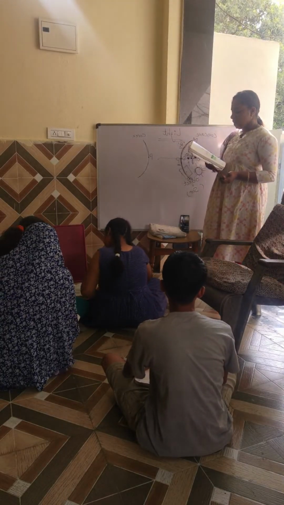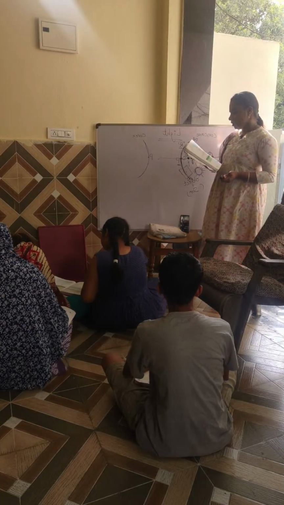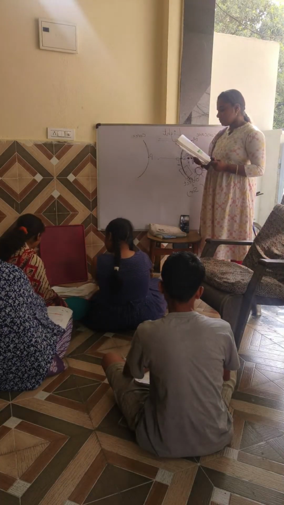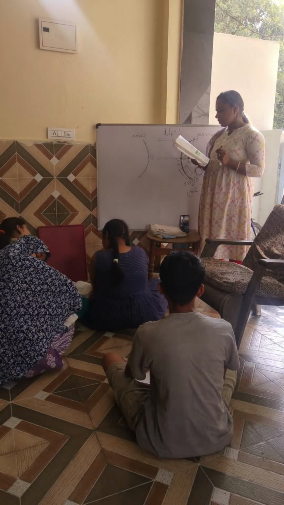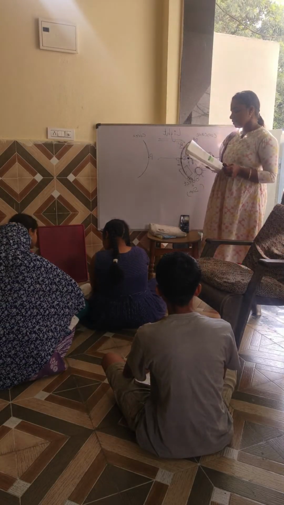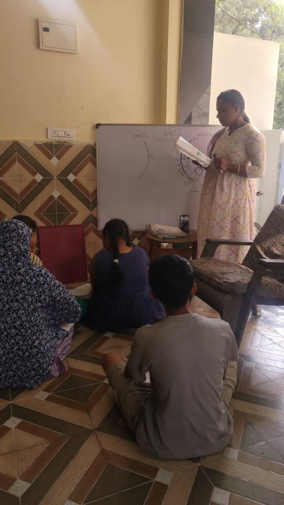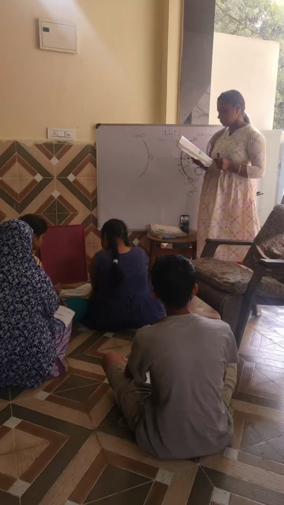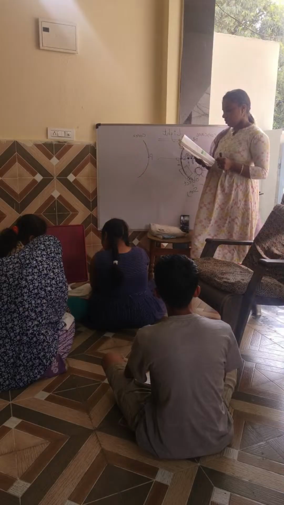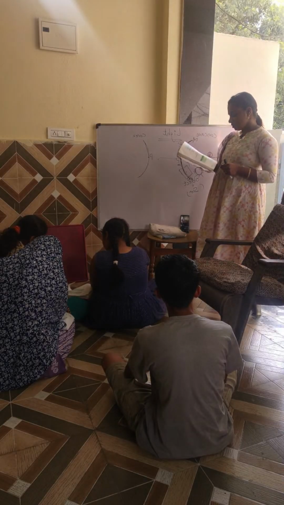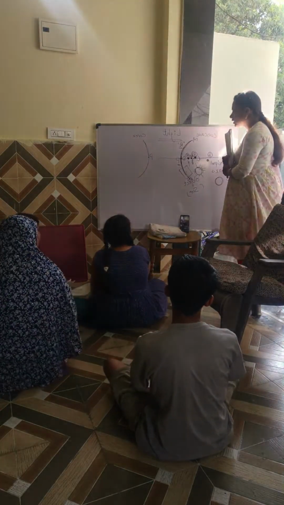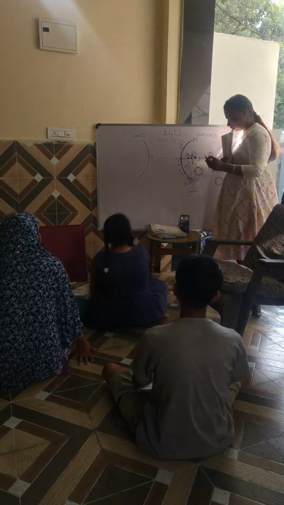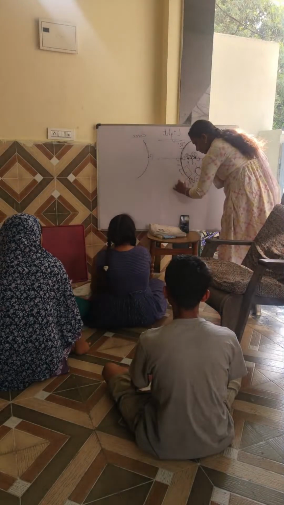First is when the object is at infinity, and the second is when the object is at a finite distance from the mirror. The ray diagrams for the formation of images by convex mirrors for these positions of the object, the results are summarized. Suppose you keep it at infinity. See, I am taking a pencil.